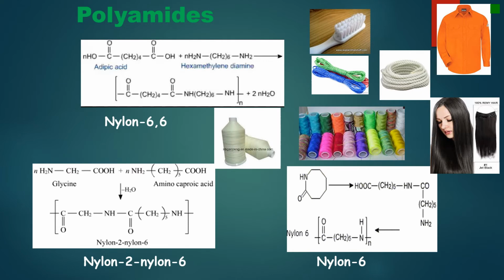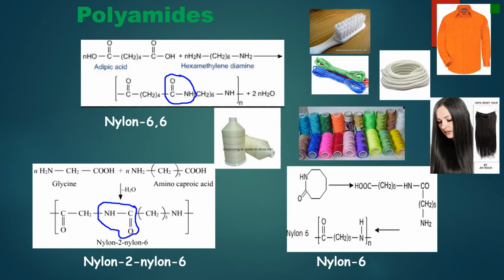Other types of condensation polymers are polyamides. As the name indicates, they have the amide functional group as the linkage group. Now in all these examples that we have here, you can see that the linkage group is the amide functional group.